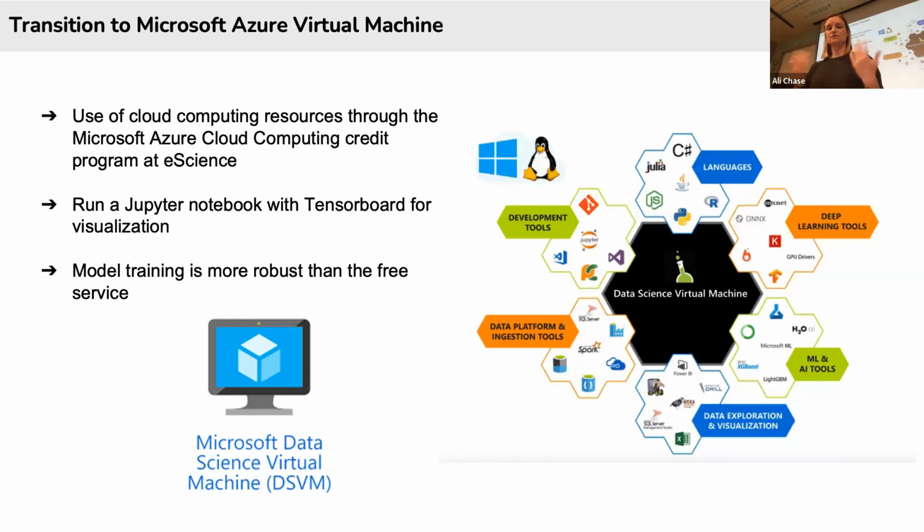And the codes that we had sort of ran. They have a lot of things that are pre-installed, ready to go. So then we could run our same Jupyter notebook now, but using the virtual machine. So using our cloud computing credits, we could use this virtual machine and sort of more robustly run our neural networks.